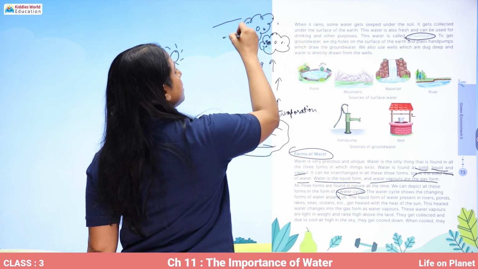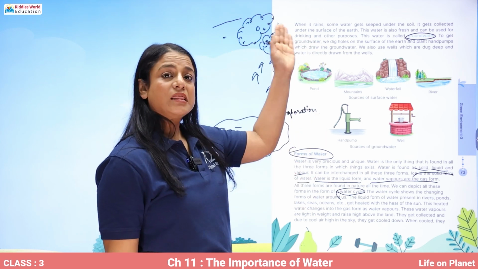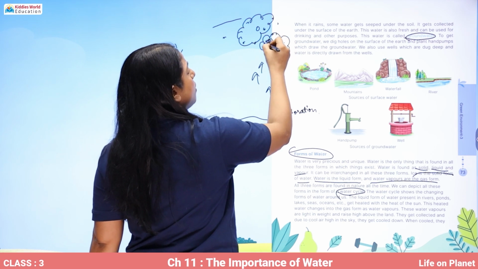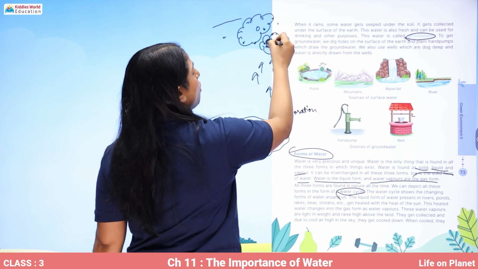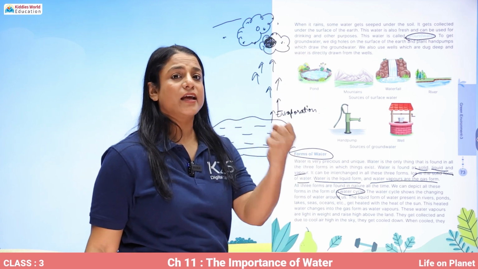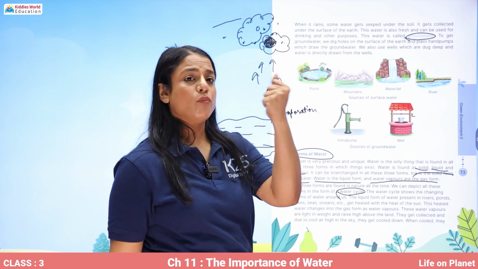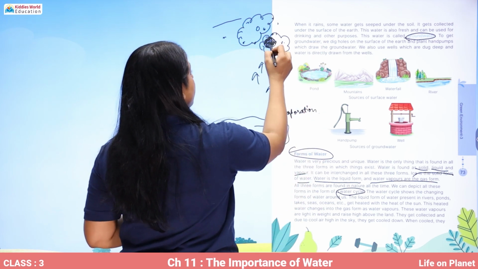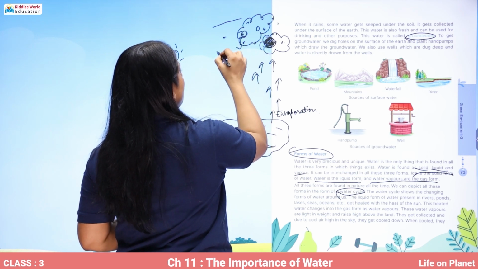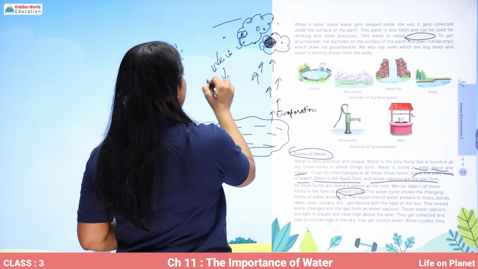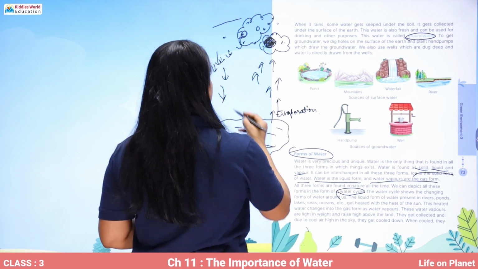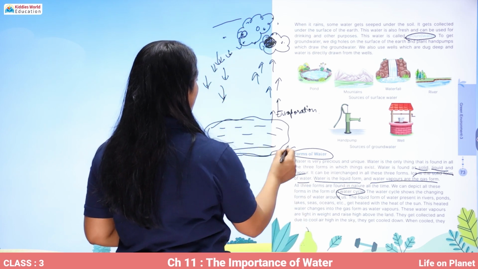And when in these clouds, these water droplets come nearer, they form one big drop, so big and heavy that it cannot stay in the air anymore. It comes down in the form of rain, hail or snow, and it again fills the water bodies.